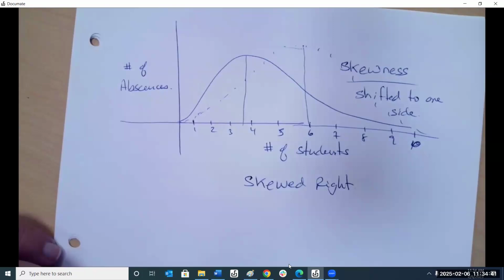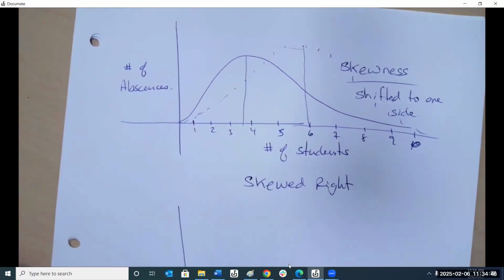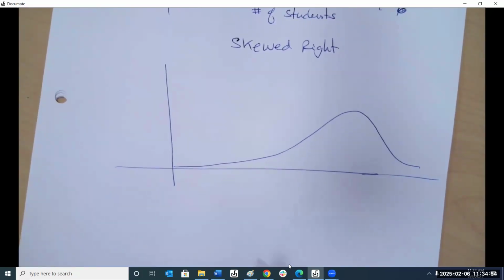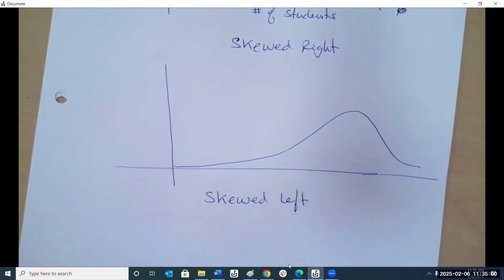There's an easy way to memorize this. And what do you think this one's called? That's called skewed left.